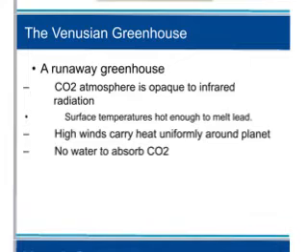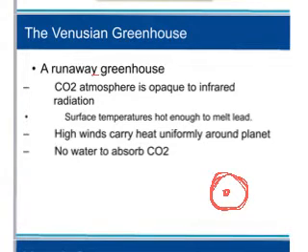But high winds and the greenhouse effect carry heat uniformly around the planet. If we drew our little planet right here, you pretty much have that runaway greenhouse gas, a very dense atmosphere again.